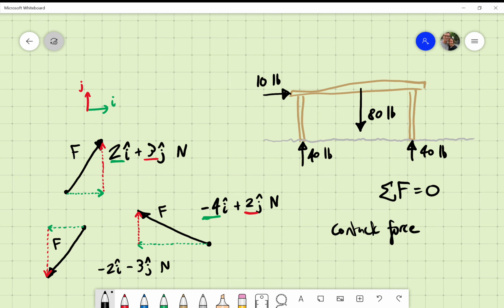Now, horizontally, there must be some kind of friction force. We also looked at this just a couple days ago. If I'm pushing with 10 pounds sideways, but the thing is not accelerating, it's not sliding across the floor, then the only explanation is that there is 5 pounds of force there and there.